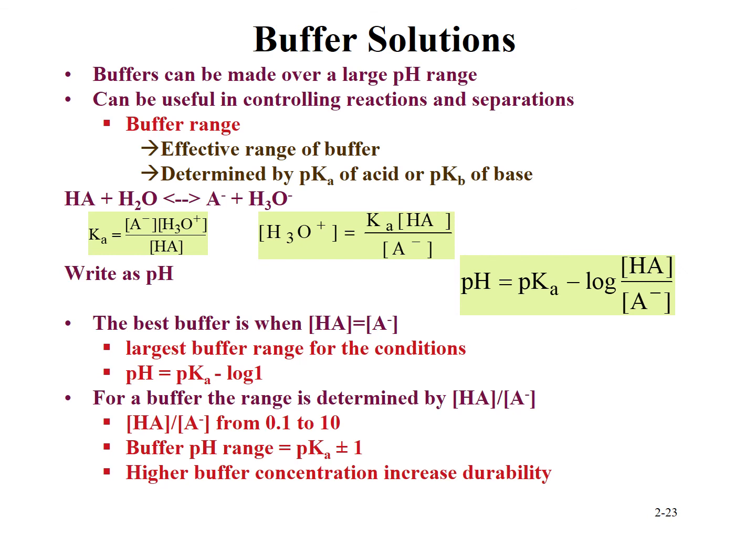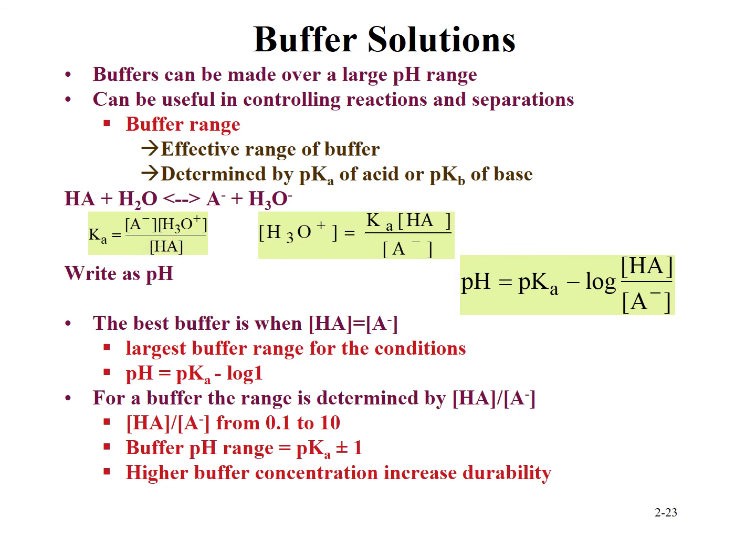As we discussed, one of the useful terms is the pKa, and what the pKa is generated from is this: Ka is equal to the deprotonated anion times the proton concentration divided by the protonated acid.